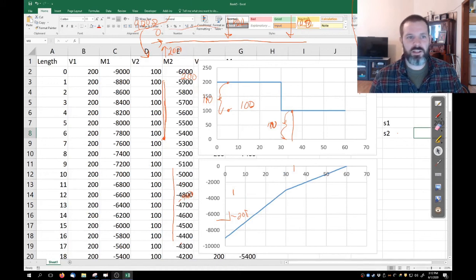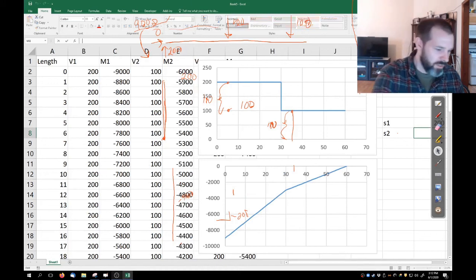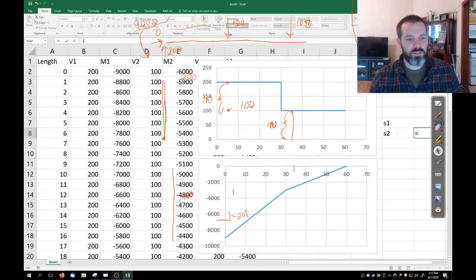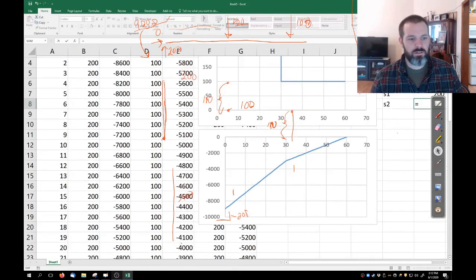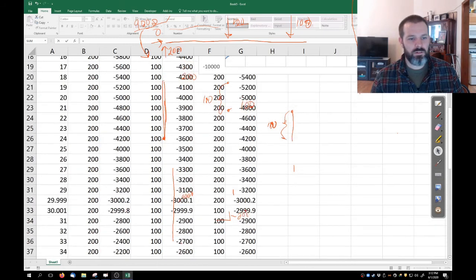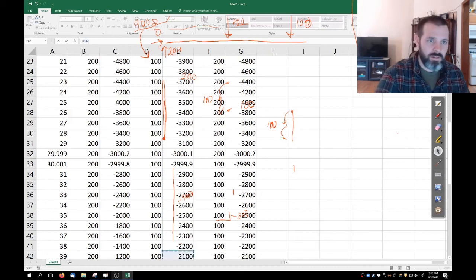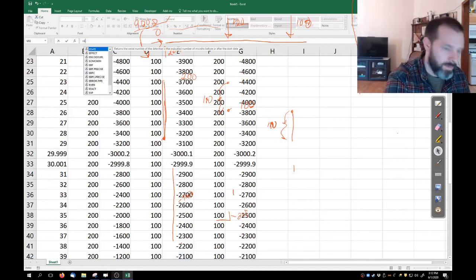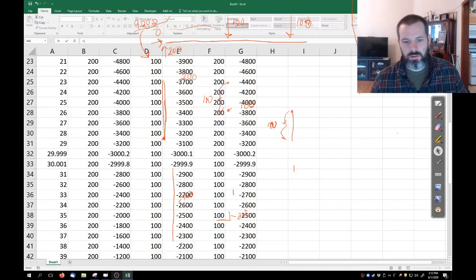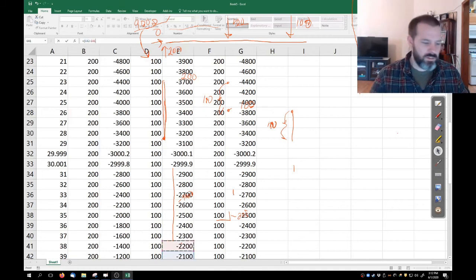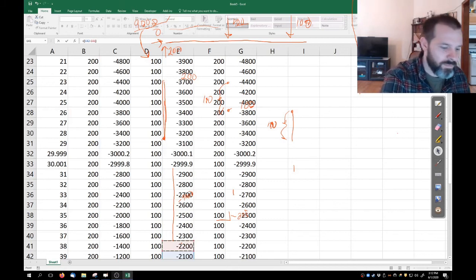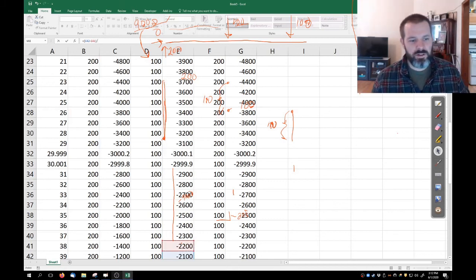So we're going to say S2 equals this minus this divided by this.